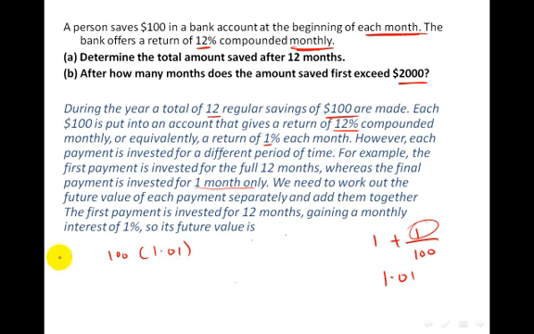I'm talking about the first month. So the first month will be for 12 months. How about the second month? The investment in the second month will be, again, you're saving $100, but this one will be invested only for 11 months. It's going to continue this way.